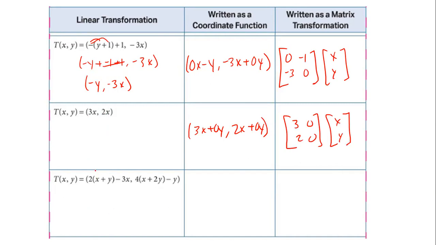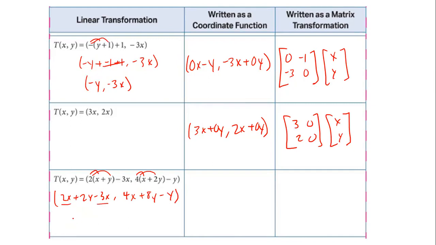All right, last one. So we had a little bit more work to do, right? Distribute. So you're left with 2x plus 2y minus 3x, comma, distribute, 4x plus 8y minus y. Now we're combining.